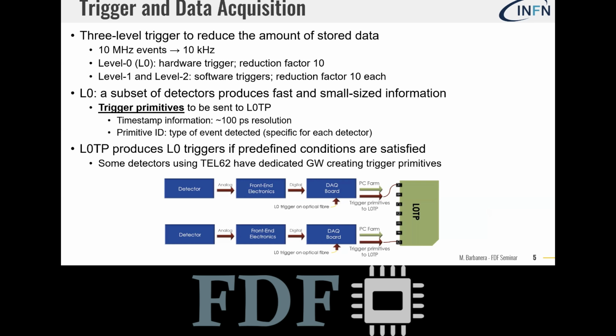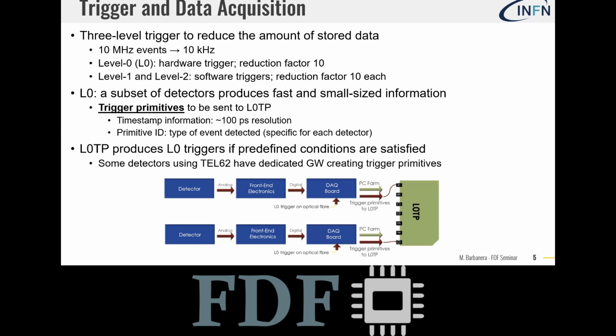And the 3 levels are the level 0, which is a hardware trigger, in FPGA, and the other 2 levels, which are level 1 and level 2, which are software triggers. We will now focus solely on level 0, since the RICH gateware is for the level 0 trigger, and we will not consider level 1 and level 2 altogether.